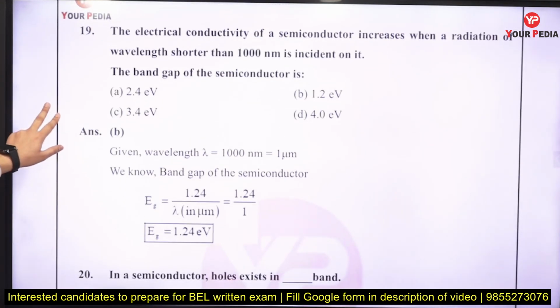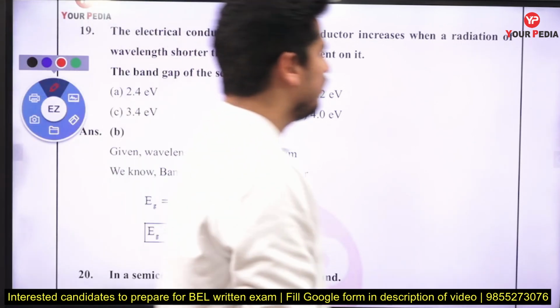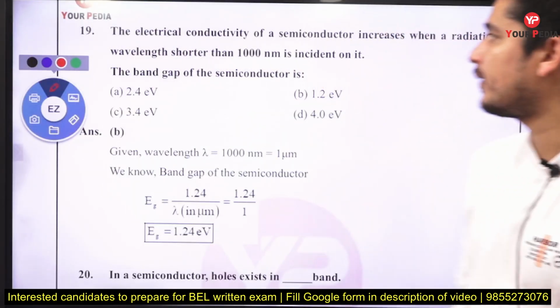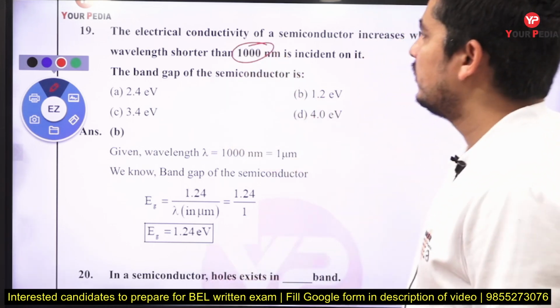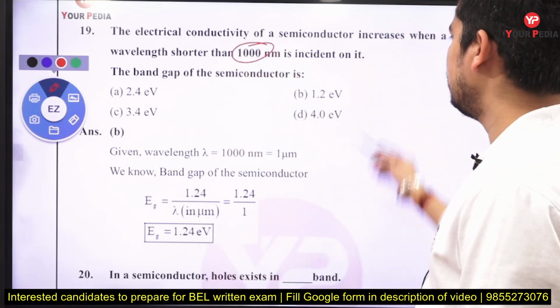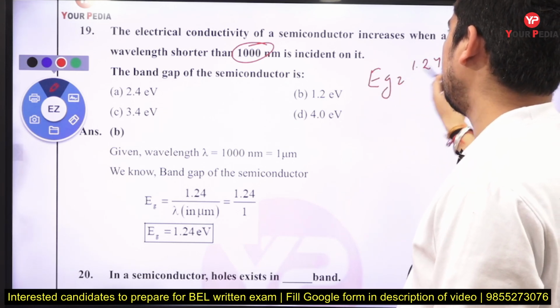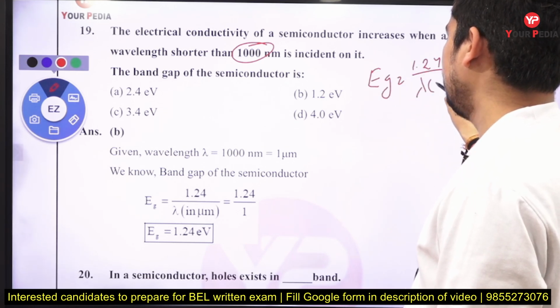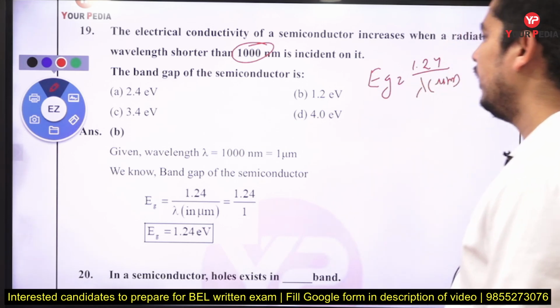The electrical conductivity of a semiconductor increases when radiation of wavelength shorter than this is incident, right? So the band gap of the semiconductor, you remember this, Eg is equal to 1.24 divided by lambda. Lambda should be in micrometers, and the energy we quote is in electron volts.